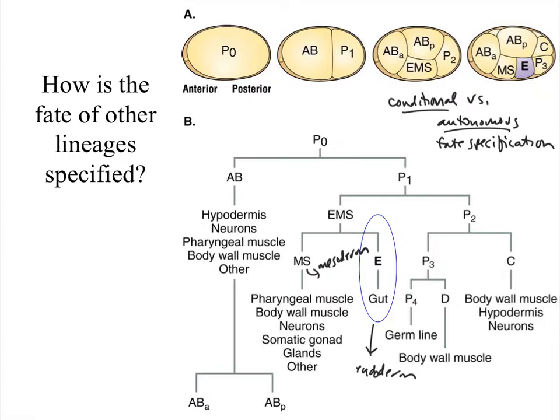That has to do with conditional fates. So we're going to check out an experiment where they dissected out these different cells and then put them next to each other to see who might be signaling to whom, and if conditional specification might be required for this EMS cell to produce E cell gut fates and/or the MS fates, which produce mesoderm.